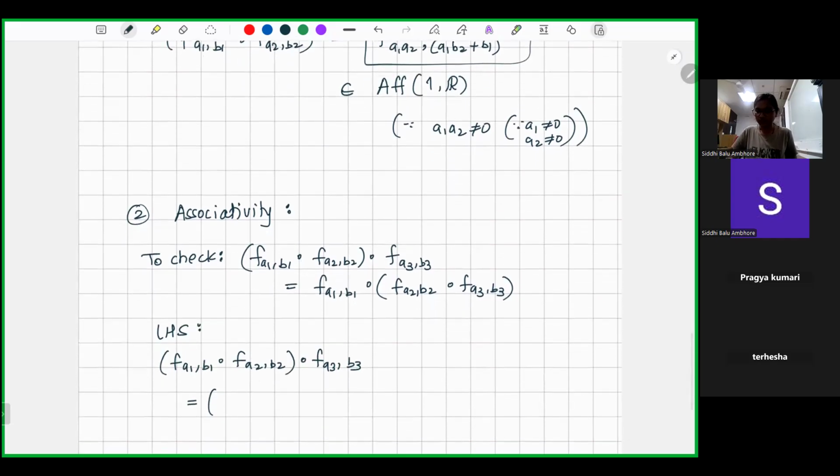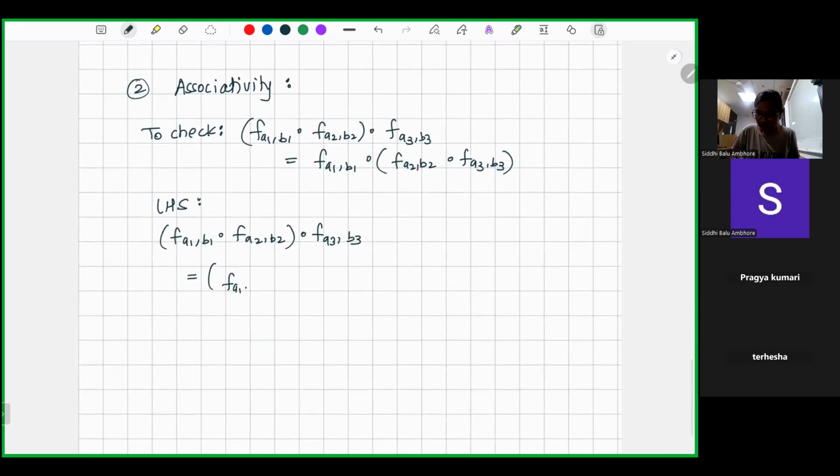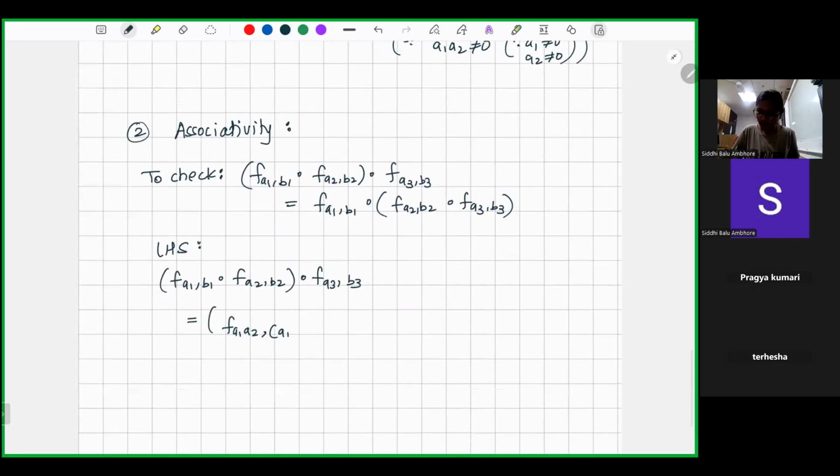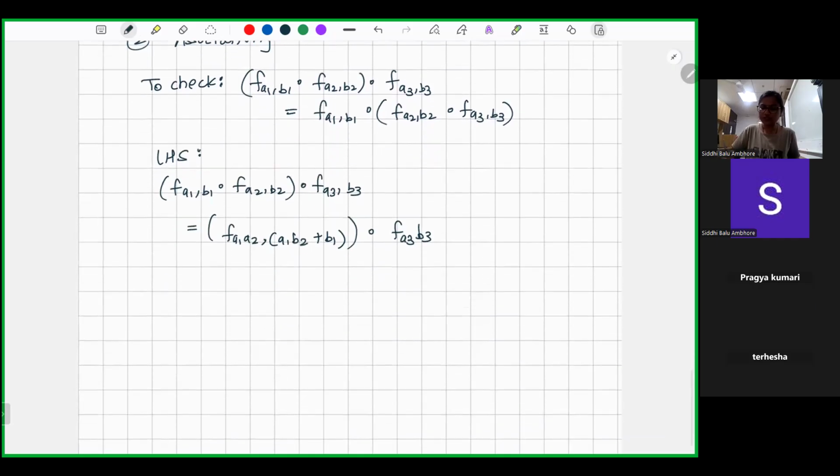It is the expression f_{a1 a2, a1 b2 + b1}, composed with f_{a3,b3}.